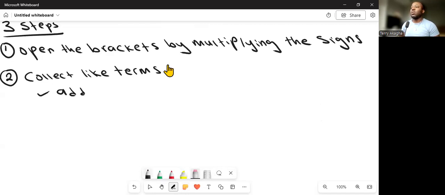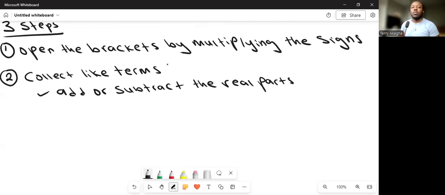So what you do is you add or subtract the real parts, or add or subtract the imaginary parts.